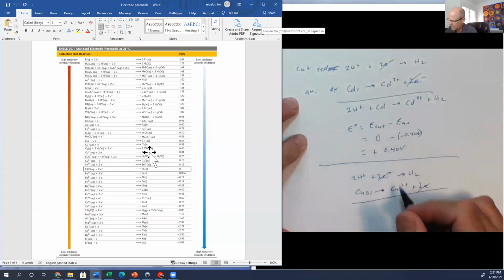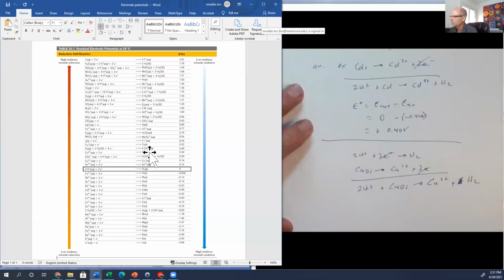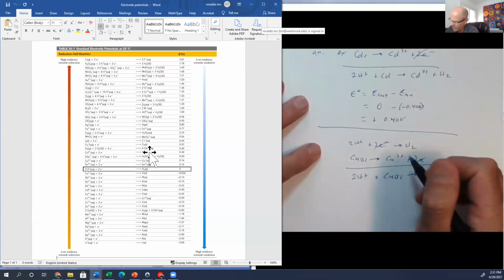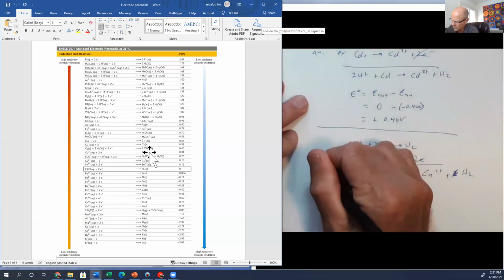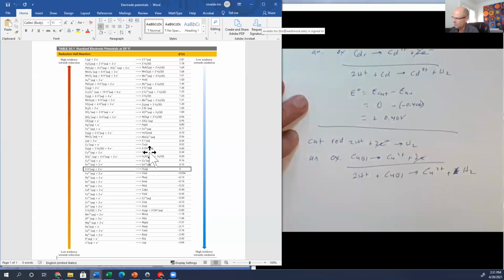So it looks very similar so far. 2H+ plus copper solid goes to Cu2+ plus H2, right? But now notice this is the oxidation, which occurs at the anode, and this is the reduction, which occurs at the cathode.